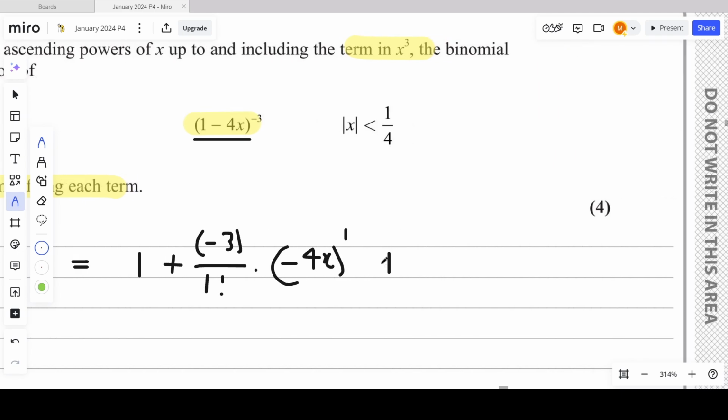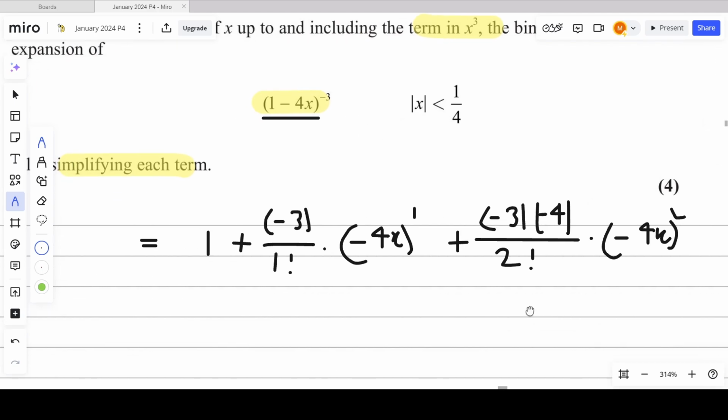Next, plus negative 3 times negative 4, and on the denominator 2 factorial. Since the denominator is 2 factorial, the power of the second term, negative 4x, would be whole squared. And at last we need to expand it till x cube.